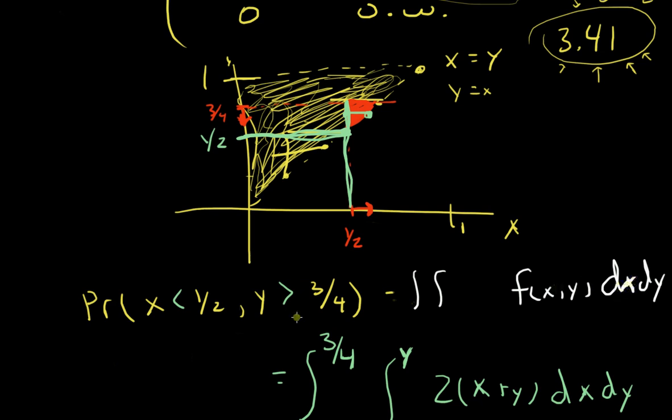Okay. So now x is less than 1/2. So x is moving in this direction. And y is more than 3/4. Okay, so y is up there. So where do these two things collide?